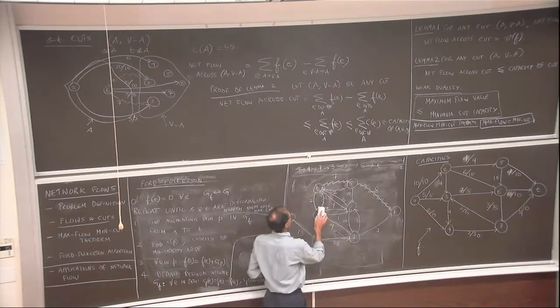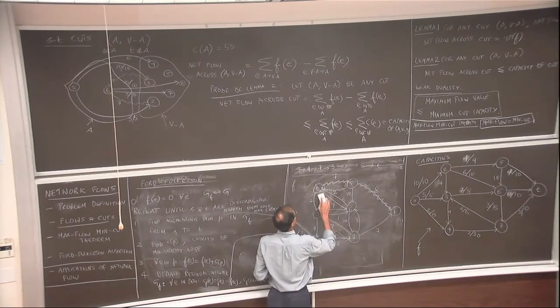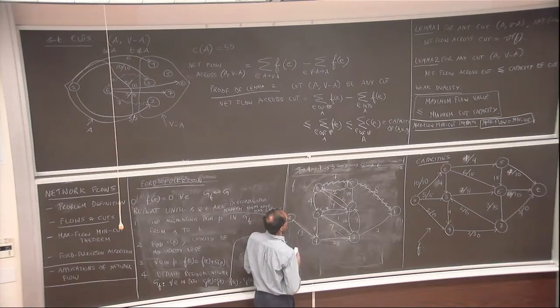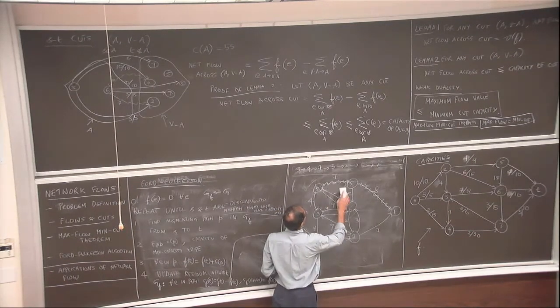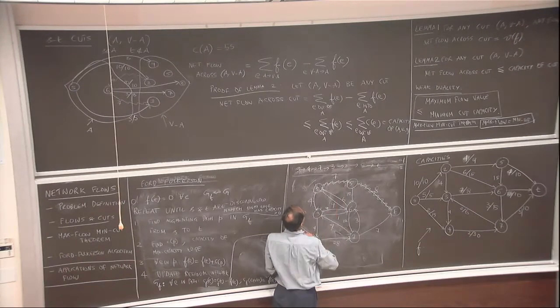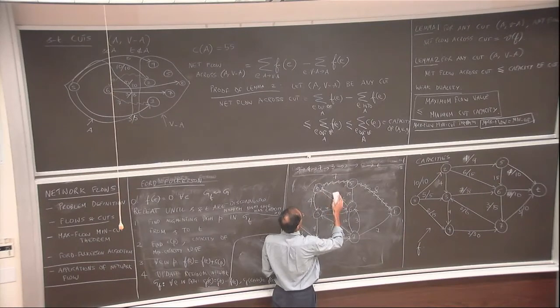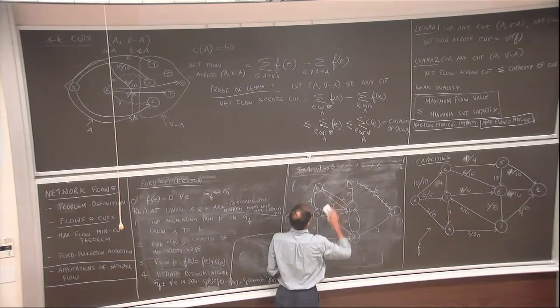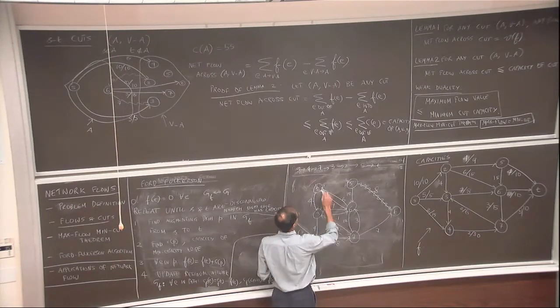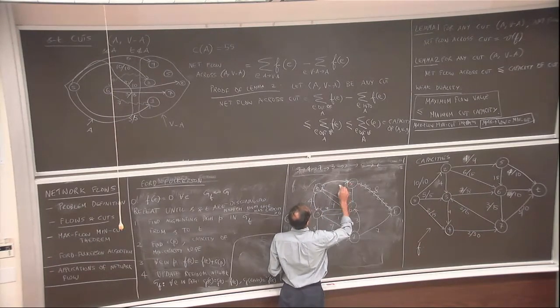Right? So I'm going to remove that. 2 to 5 has become 5, but the reverse direction has become 4. Alright, I have to fix some things actually.